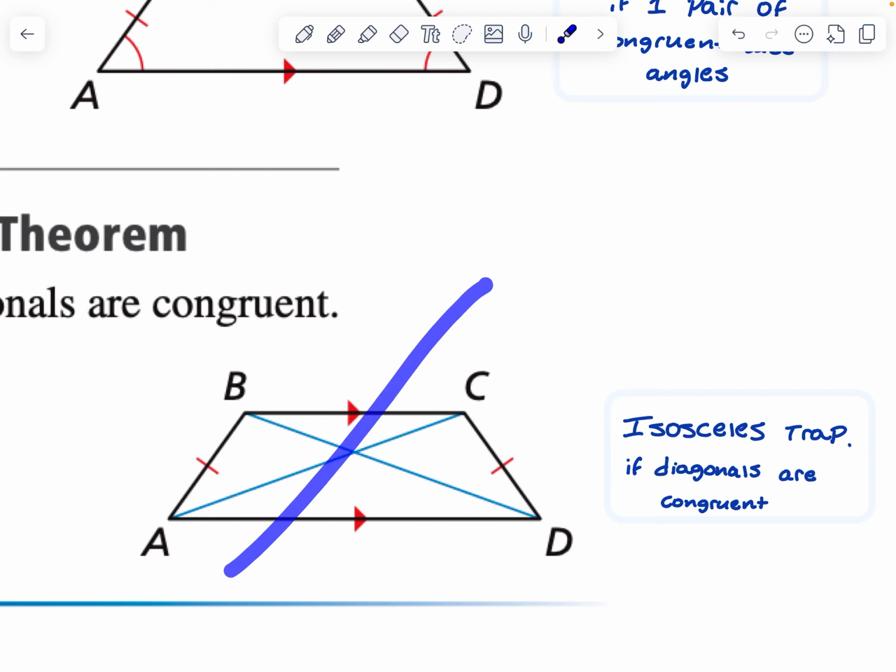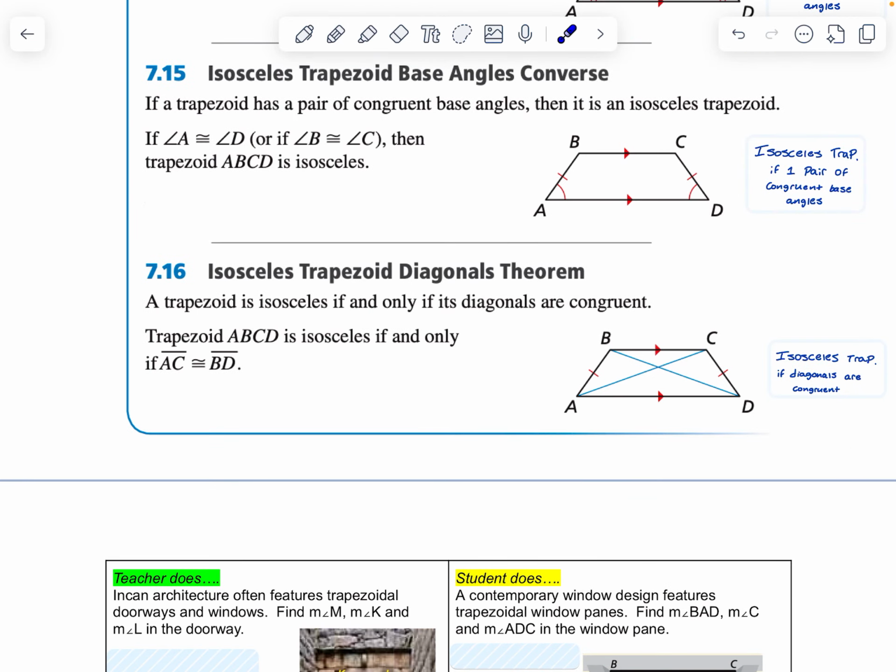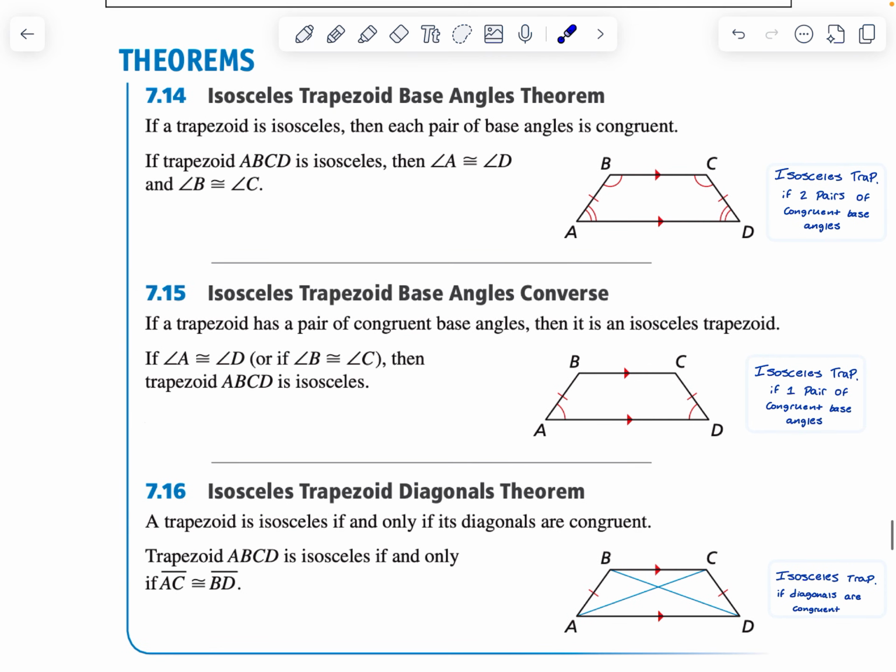Two, all the angles are not 90 degrees. But in an isosceles trapezoid, the diagonals are congruent. So AC would be the same length as BD. Okay, let's take a look at some examples, especially dealing with the base angles property.